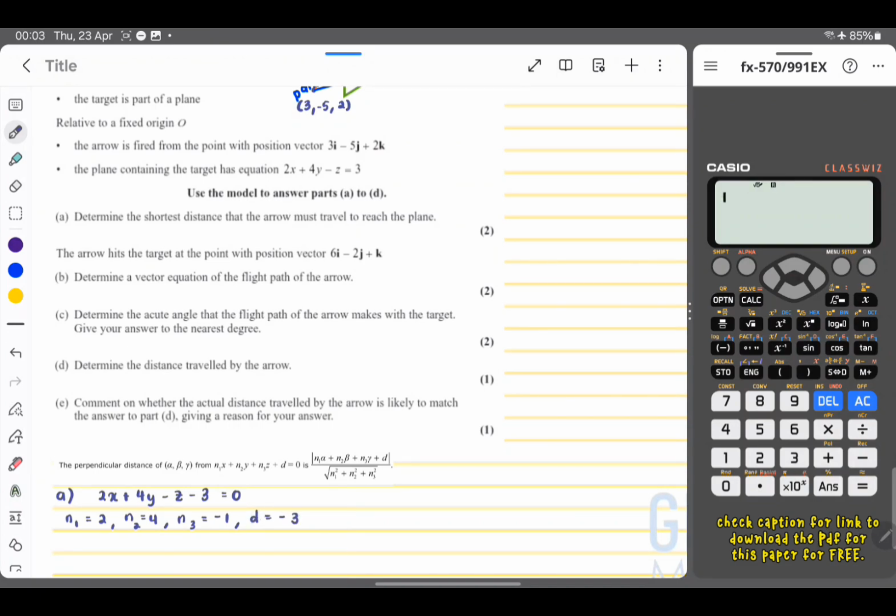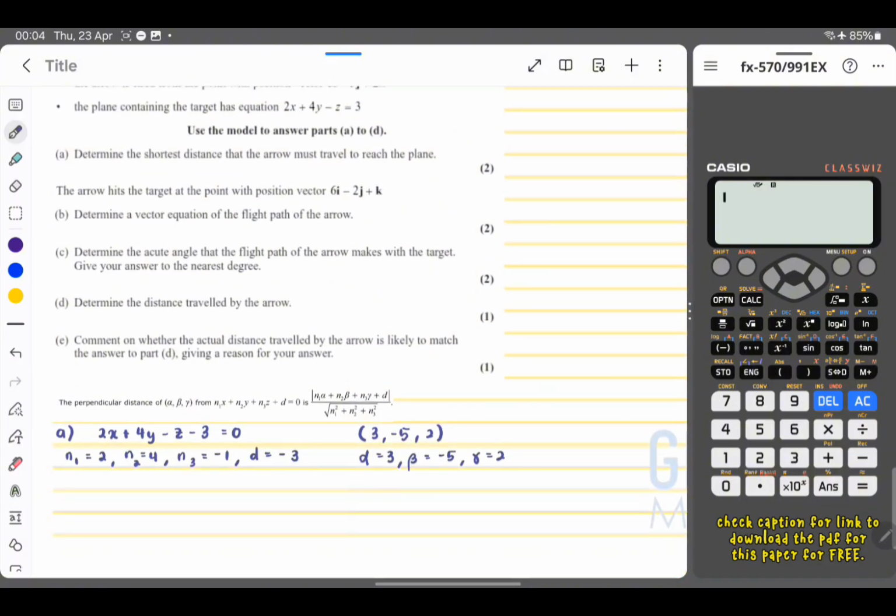And then the point that we have here is 3, -5, 2, which means alpha is equal to 3, beta is equal to -5, and gamma is equal to 2.